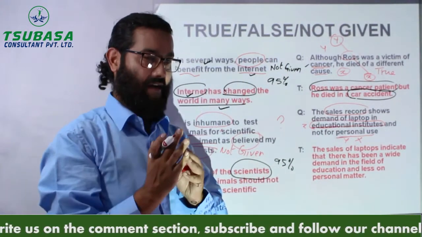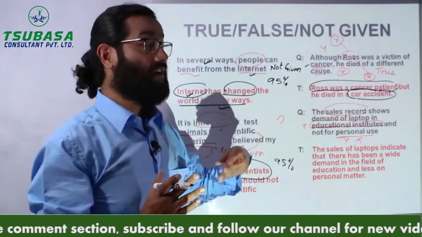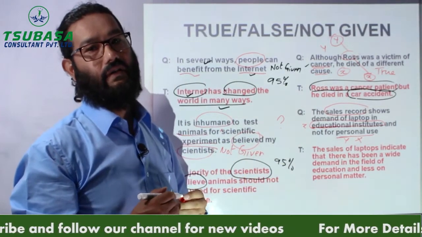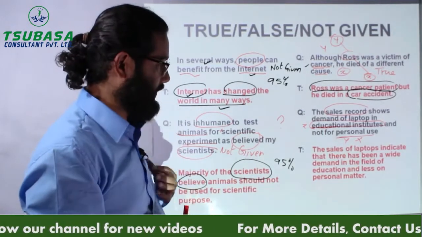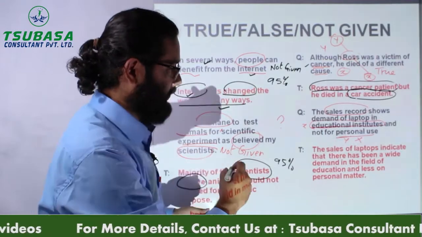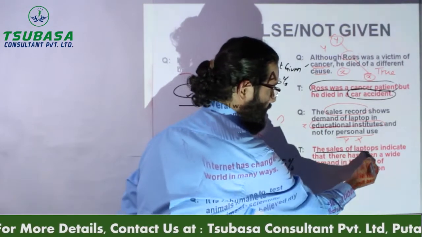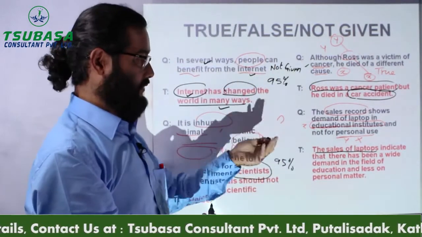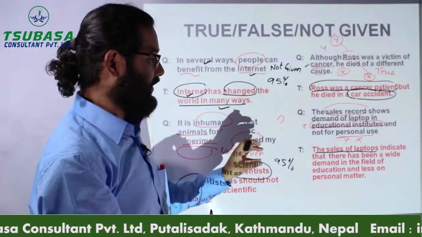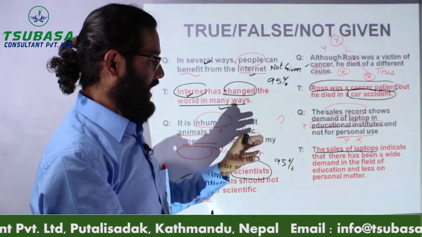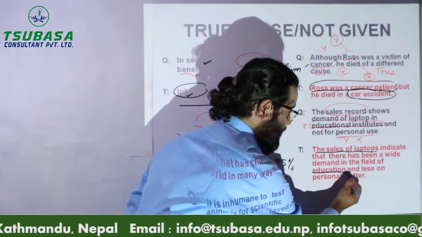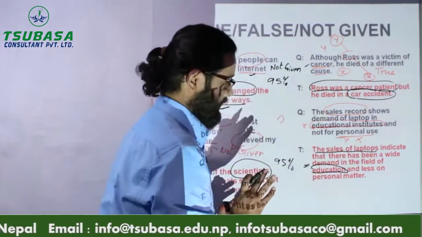Now let us find out what the sales record says in the passage. It says the sales of laptops indicate, again similar, this portion is agreeable, that there has been a wide demand in the fields of education and less on personal matter. Educational institute, this is agreeable.